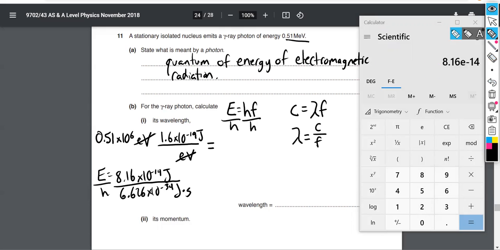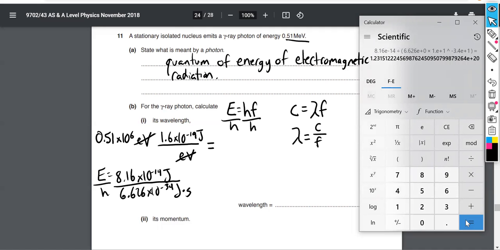I've already got that value in my calculator, the numerator, so I'm just going to divide it by Planck's constant. Now, when you divide by something in scientific notation, you must use grouping symbols. So I've got that divided by 6.626 by 10 to the negative 34 equals, and you get that number.